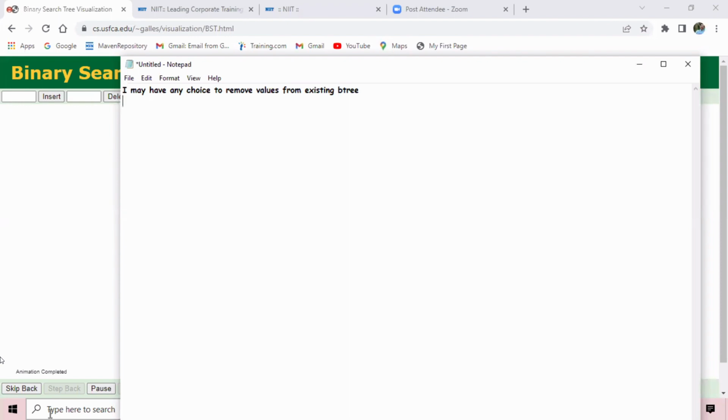But when any remove operation happens, I must ensure that my current tree should not be disturbed.